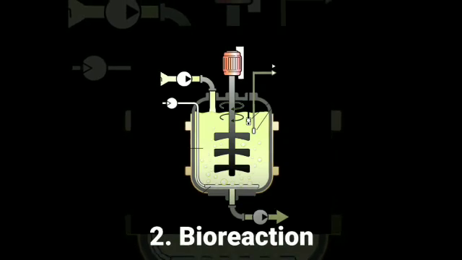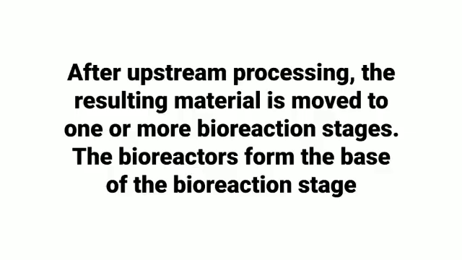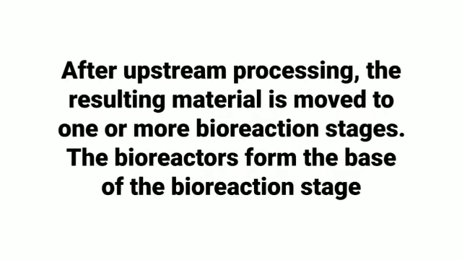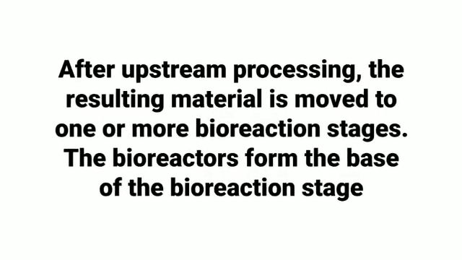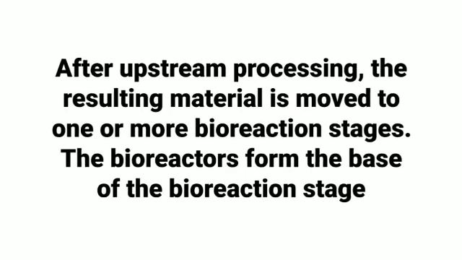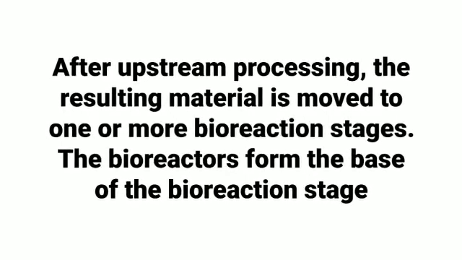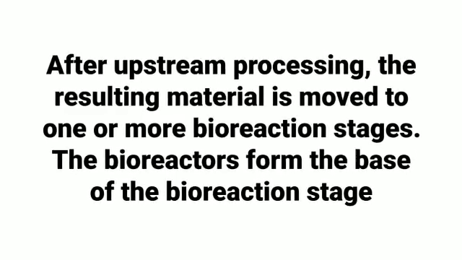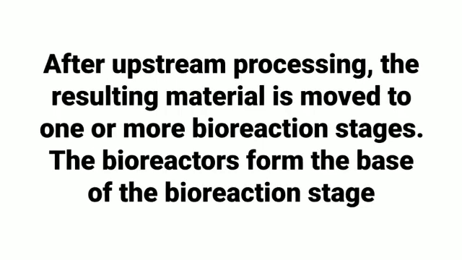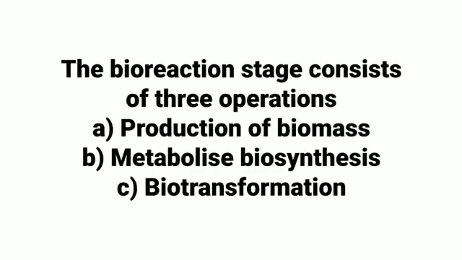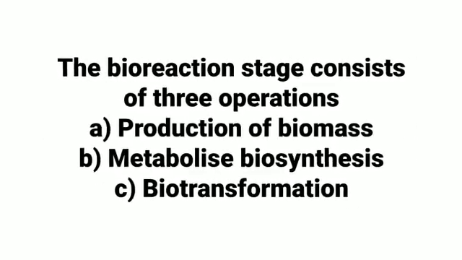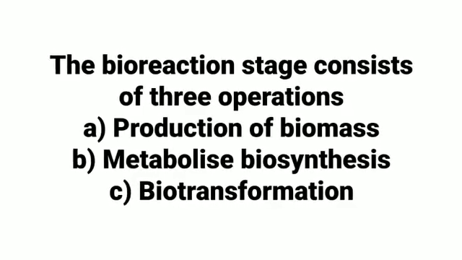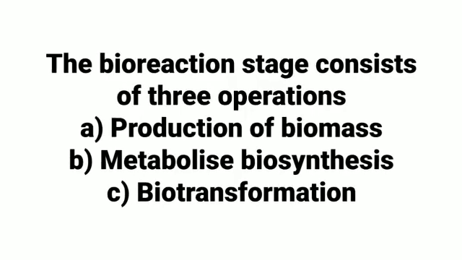Second stage, bioreaction. After upstream processing, the resulting material is moved to one or more bioreaction stages. The bioreactors form the base of the bioreaction stage. The bioreaction stage consists of three operations: production of biomass, metabolite biosynthesis, and biotransformation.